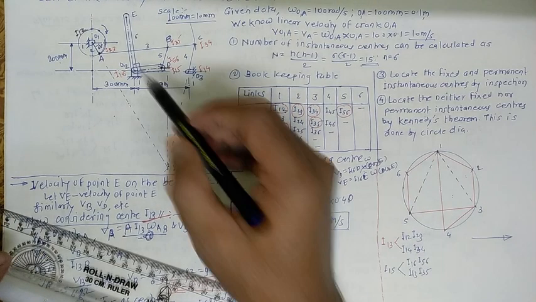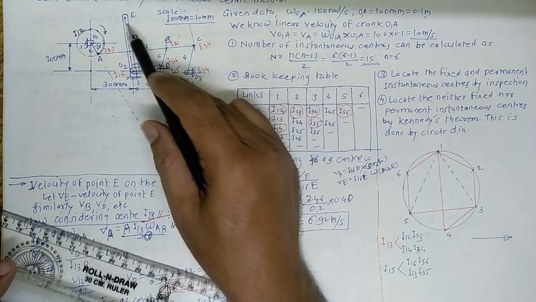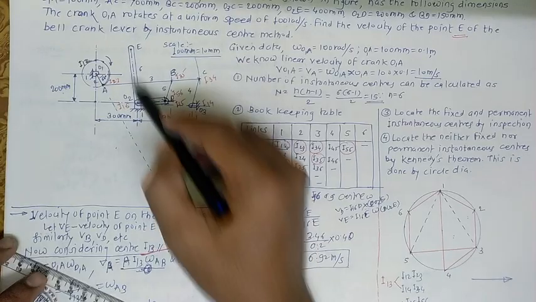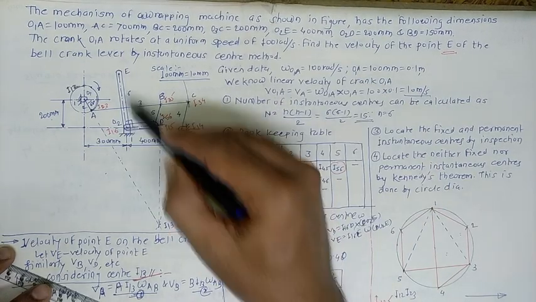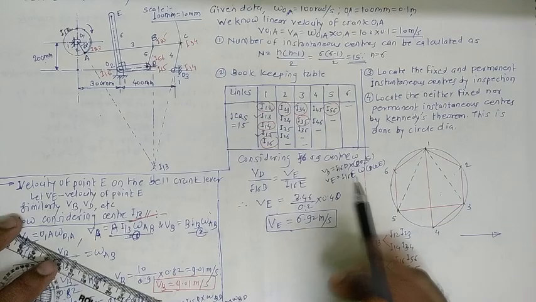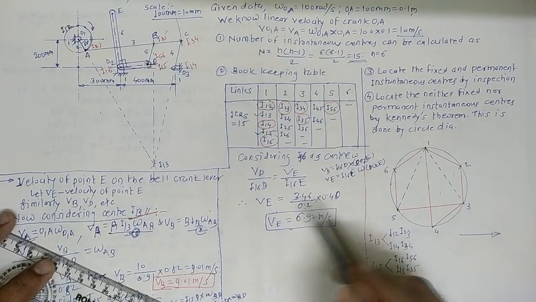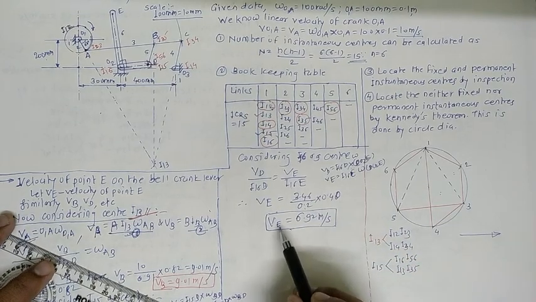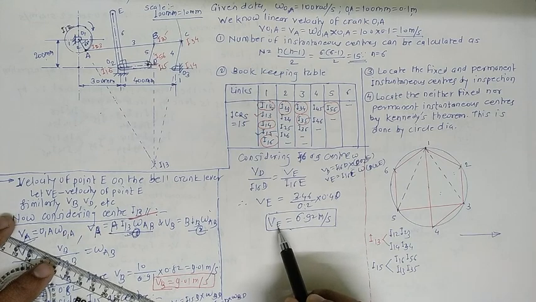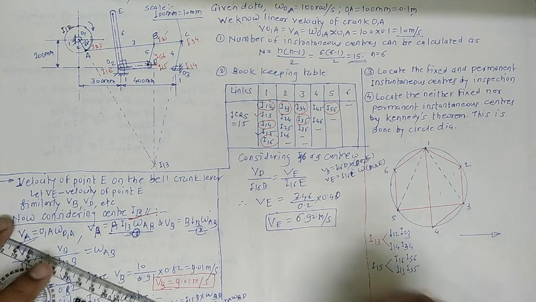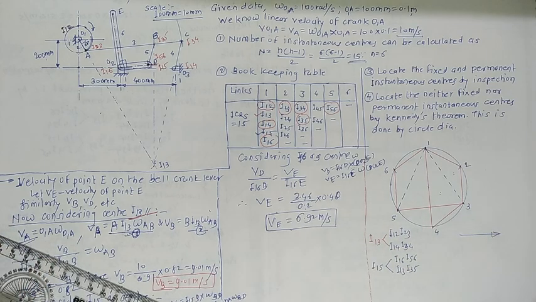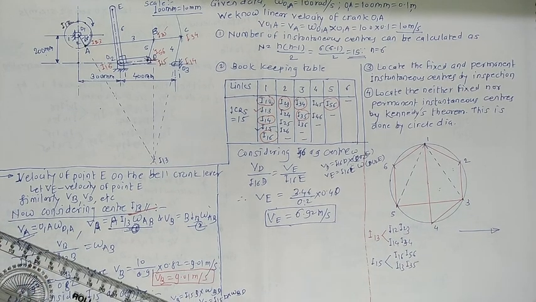I16E. E point is here, I16 is here. The length is given as 400 mm in the problem, so this should be taken as 0.4. Do the calculation, and at last we get the linear velocity at point E as 6.92 meters per second. I hope this problem is clear to you. Thank you.